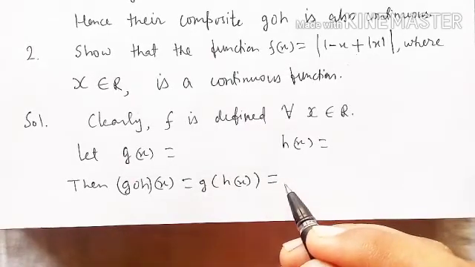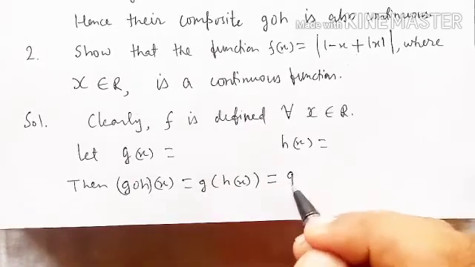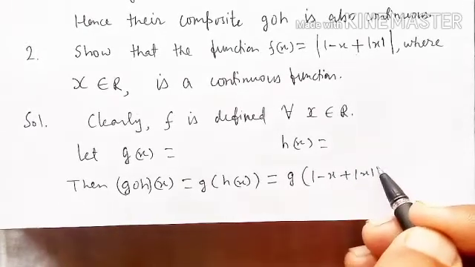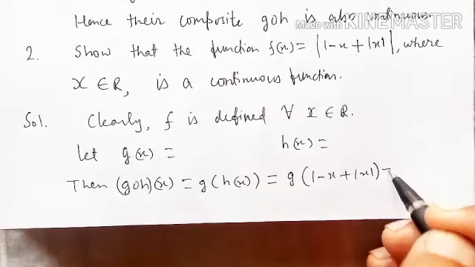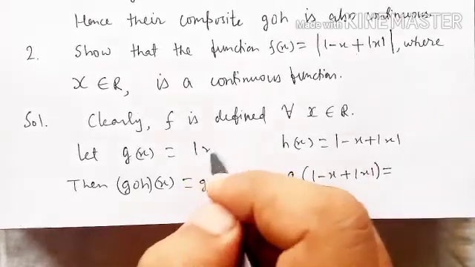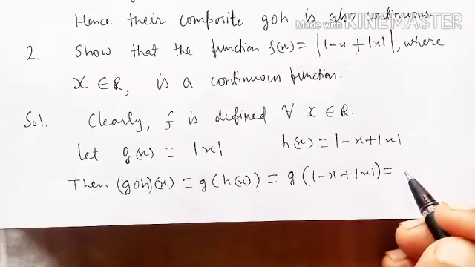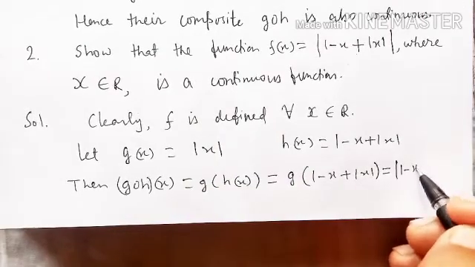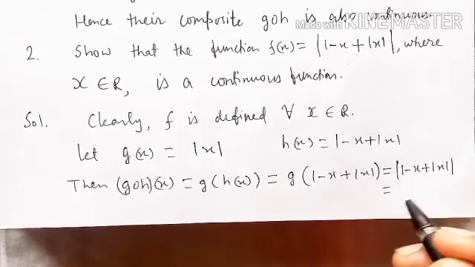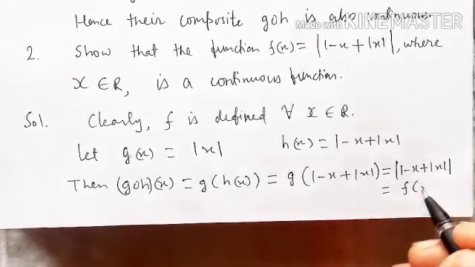So if we take h(x) as 1 minus x plus mod x, and g as mod x, then we have mod of 1 minus x plus mod x, which is equal to f(x).